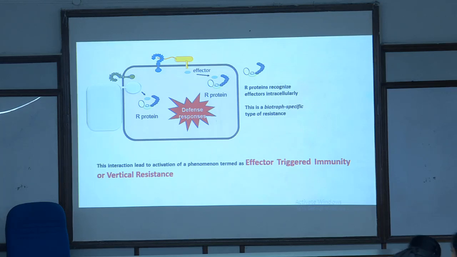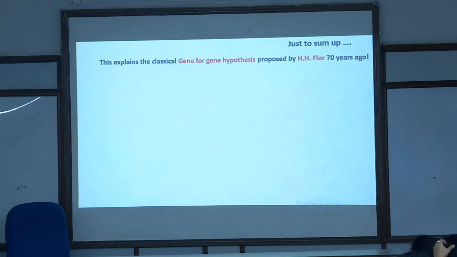Remember, vertical resistance is the one which is thoroughly exploited in agriculture to bring out varieties which are resistant to a number of plant pathogens. It's so successful in wheat breeding programs, rice breeding programs, and many other crops which are so important for food security, right? This is what is called vertical resistance.